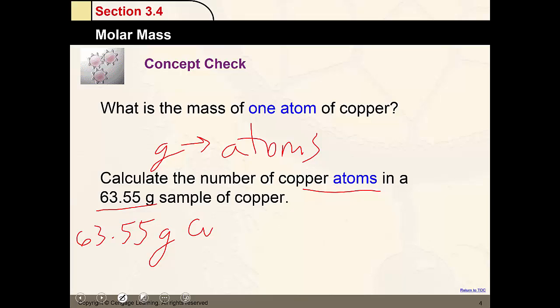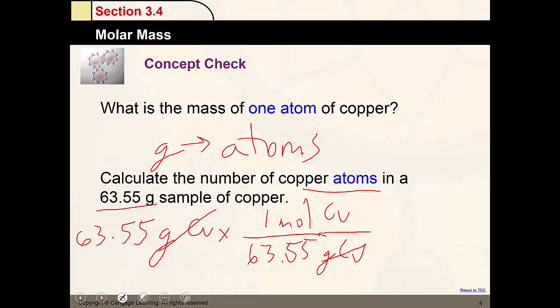So we start with grams of copper. In order to convert to moles, we have to divide by the molar mass. This is convenient, since we started with a mass equivalent to the molar mass of copper. So after this first step, 63.55 divided by itself will just be 1.